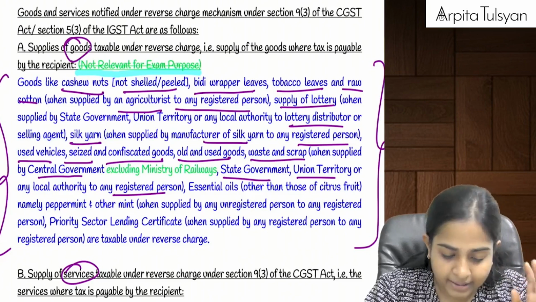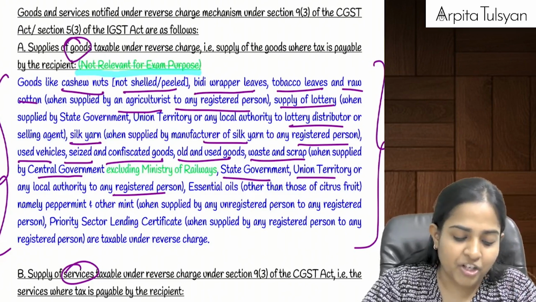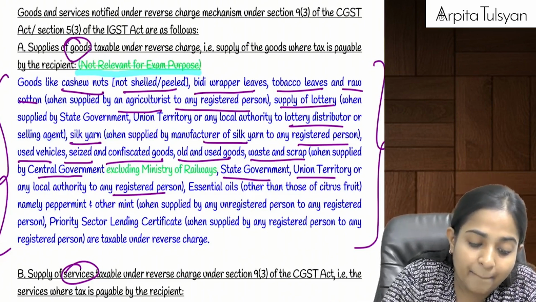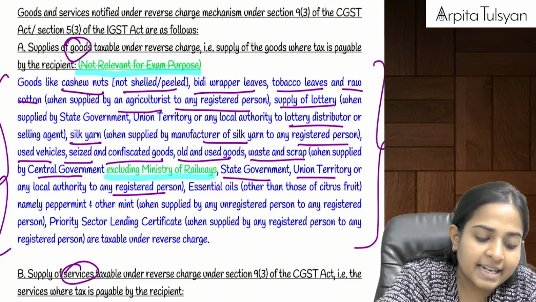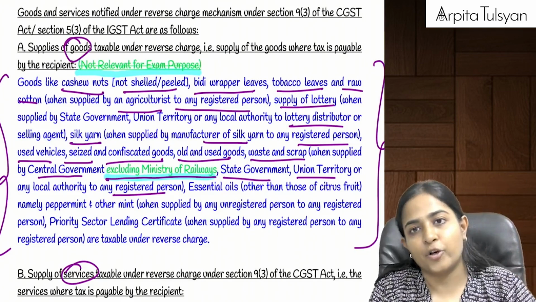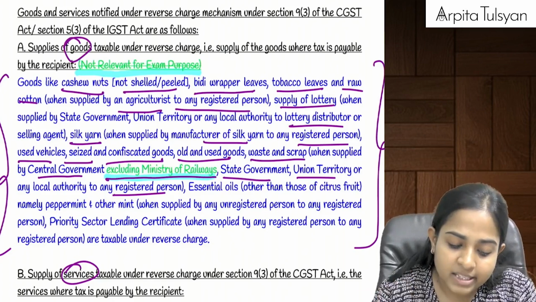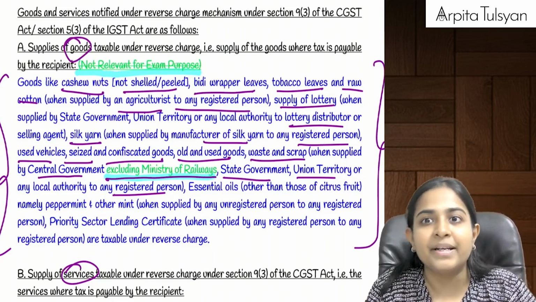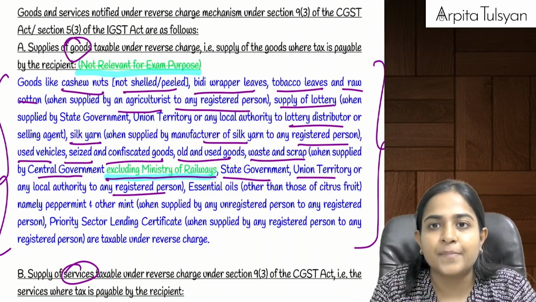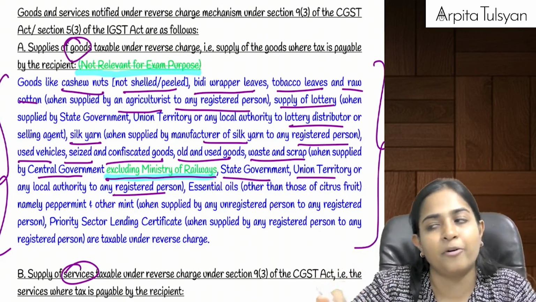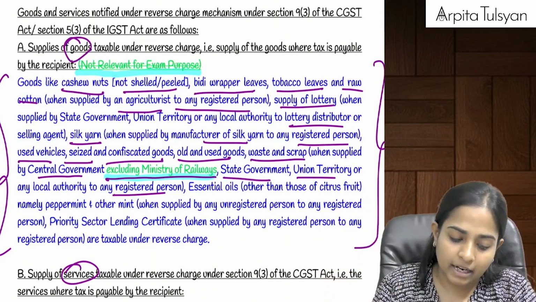It will be done by the registered person under reverse charge mechanism. But now there was an amendment in this, that is central government excluding the Ministry of Railways. So when this waste and scrap is provided by Ministry of Railways to any registered person, then forward charge mechanism is applicable. That is, Ministry of Railways will be required to collect the tax and pay it to the government.